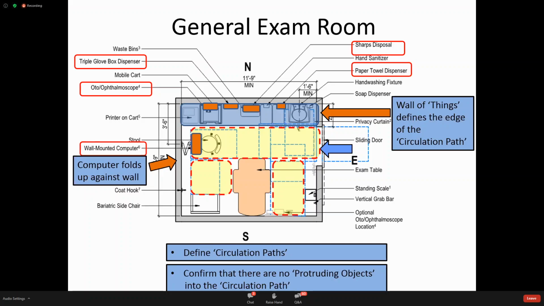Very good question. It's a very specific application of these requirements. As I've laid it out, we're not of the mind to say that anything and everything a staff member does has to be at an accessible height.